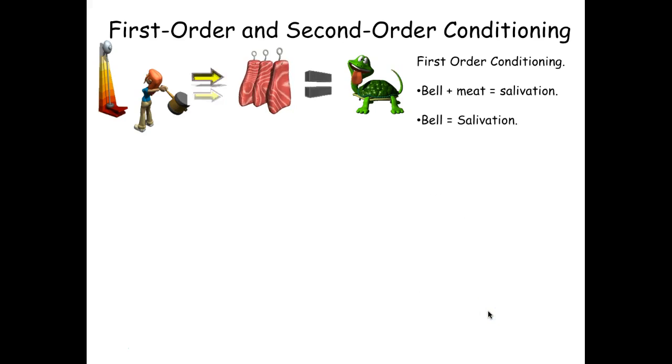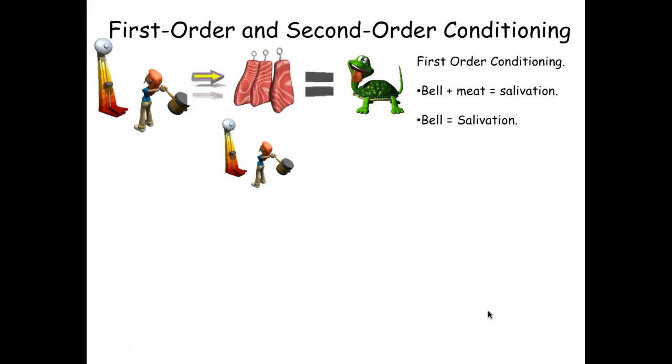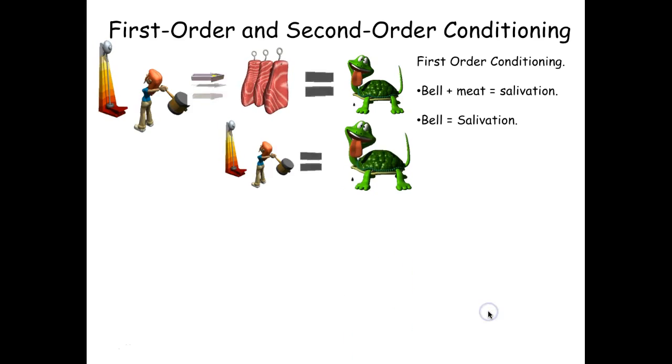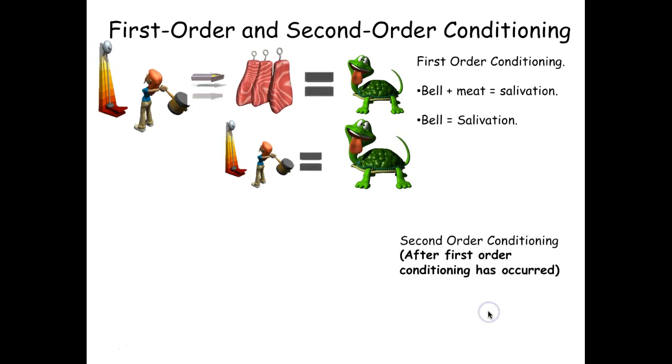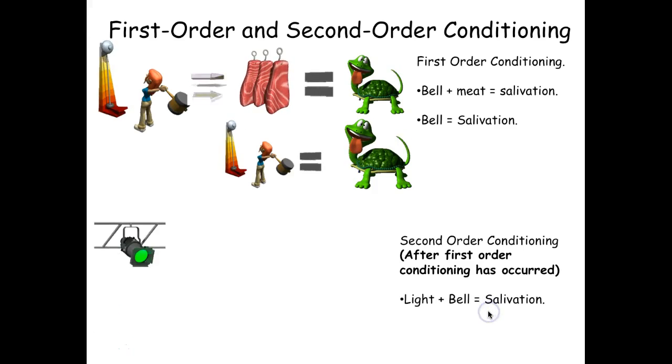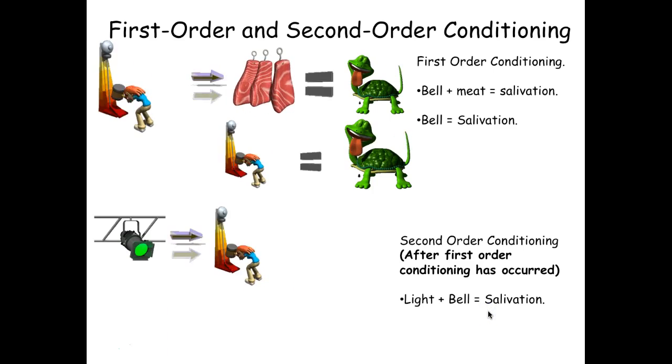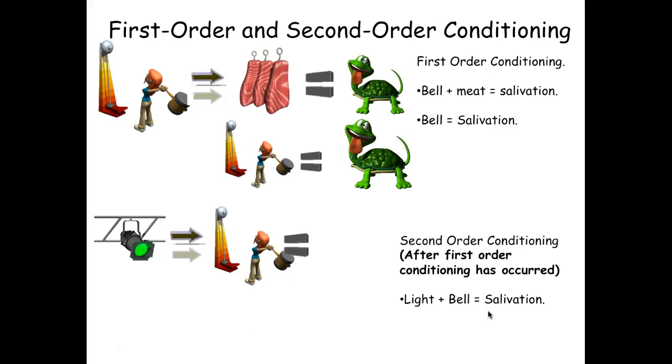Now, second order conditioning is when you basically add another neutral stimulus and you pair it with the conditioned stimulus. This happens after first order conditioning. So you add a light, you pair it to the bell, and then you get salivation.